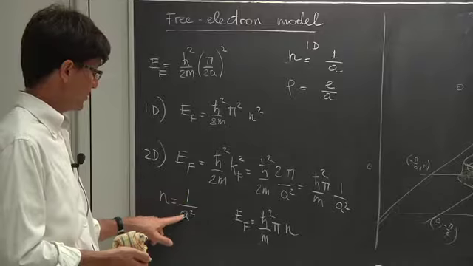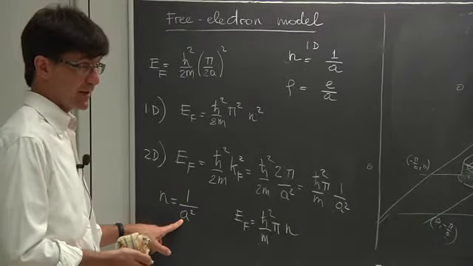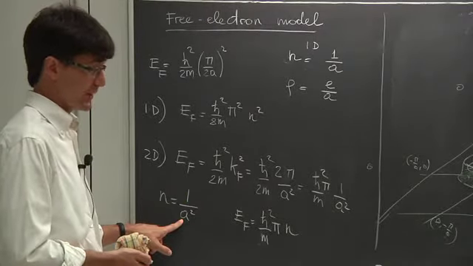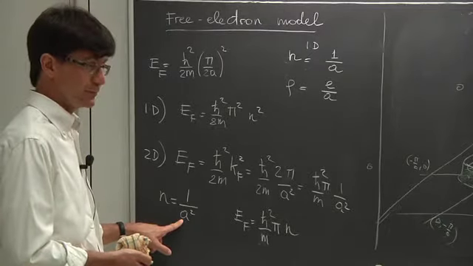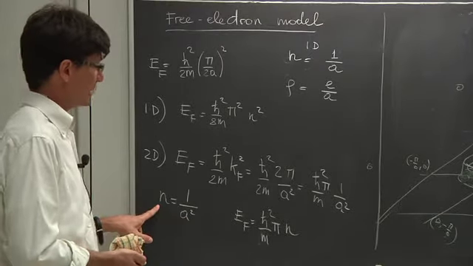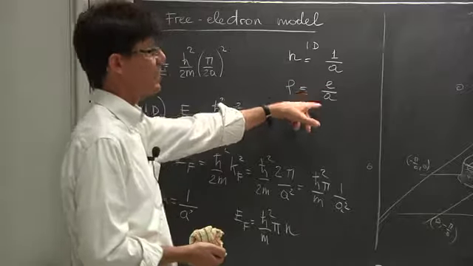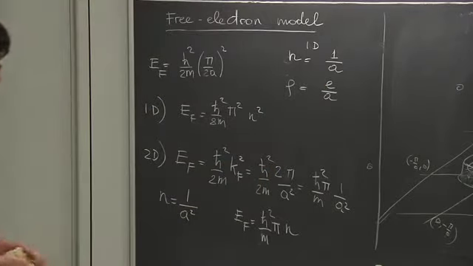And I have 1 electron in an area given by the unit cell, which is a squared. I'm using the number density, not the charge density. Charge density will be e over a squared. But here I'm using the number density, the number of electrons per cell. Okay, I think we can stop here.